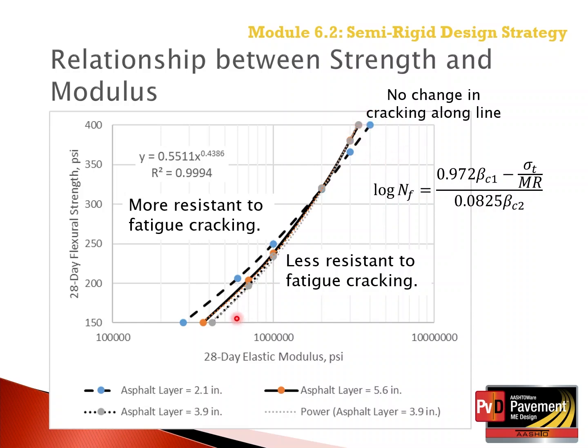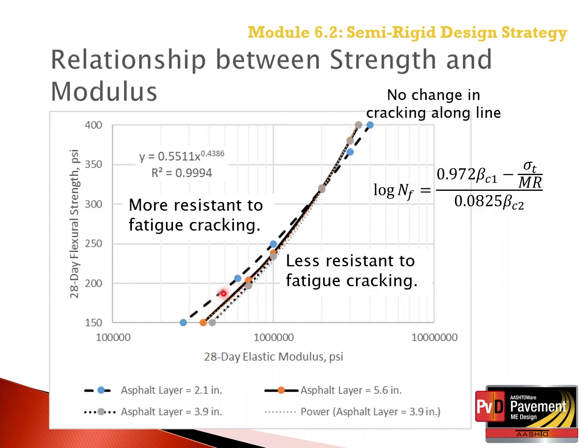So there would be no difference along these lines that are a function of asphalt layer thickness. They would give us the same amount of cracking with these different combinations of elastic modulus and flexural strength.